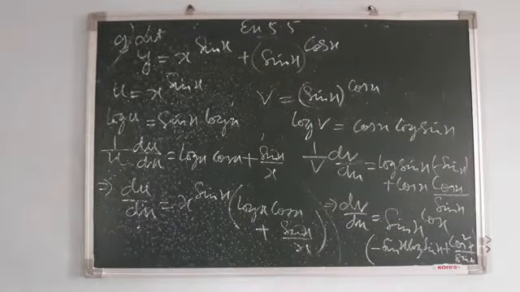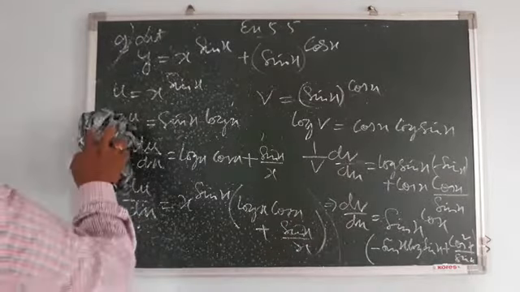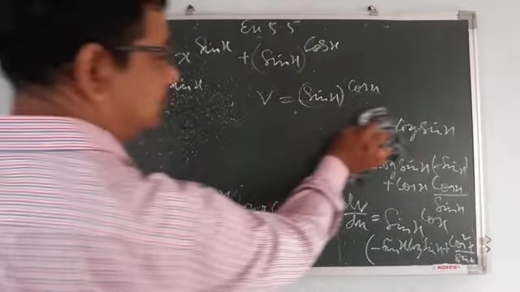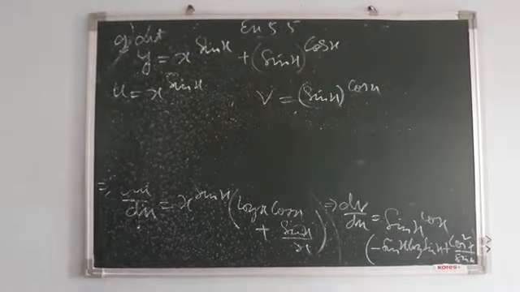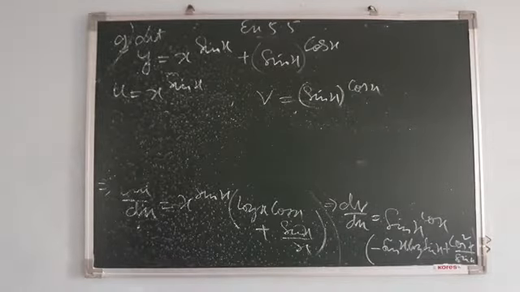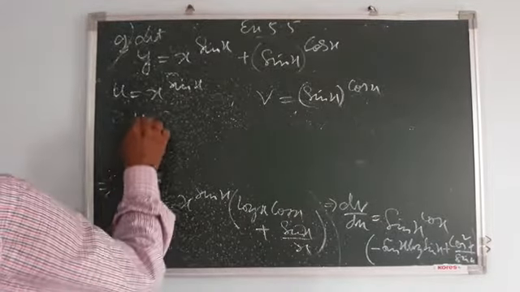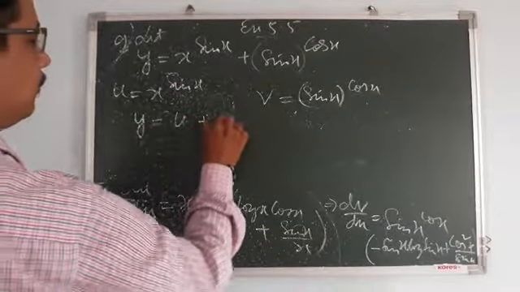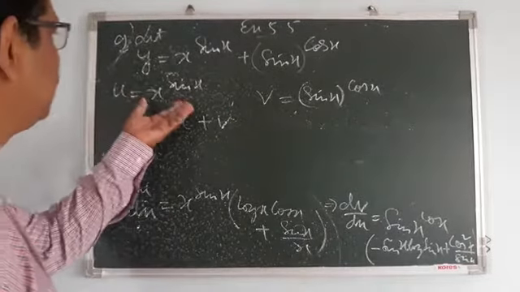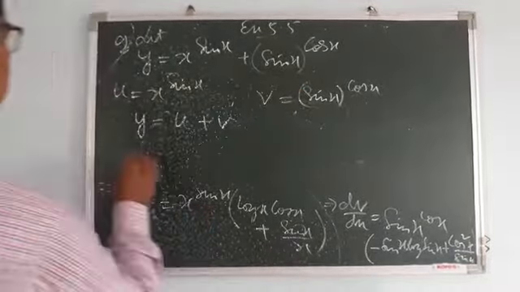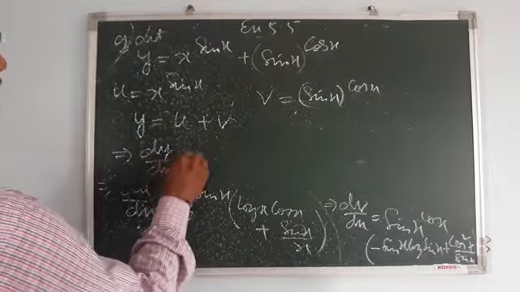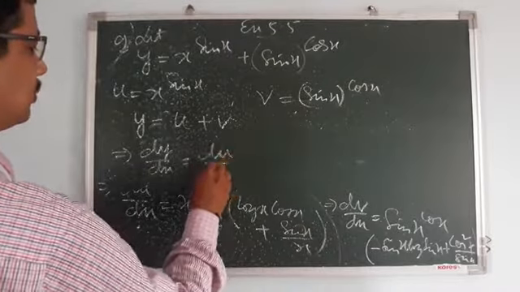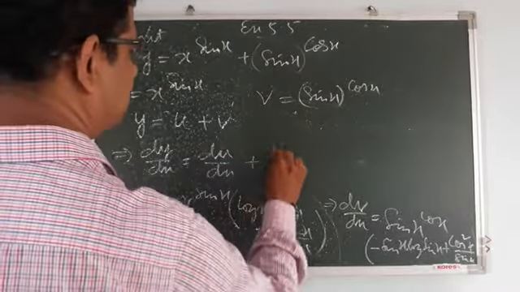It is the same way, I think you have no problem in getting this. So our y is u plus v, because u is this one, v is that one, dy dx will be du dx plus dv dx.